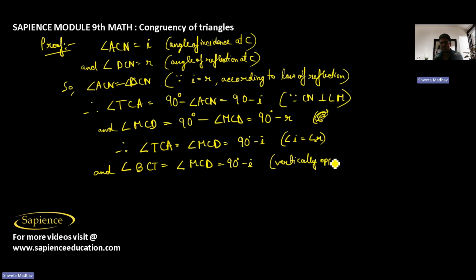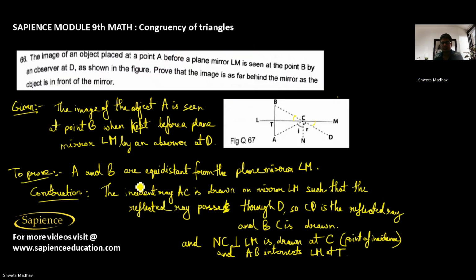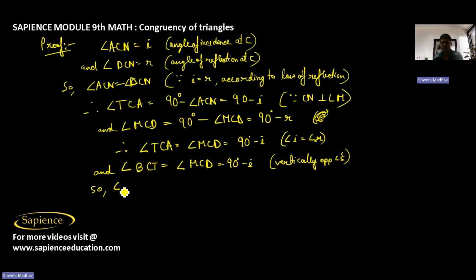Vertically opposite angles are equal. So therefore, angle BCT is equal to angle TCA, equal to 90 degree minus I.